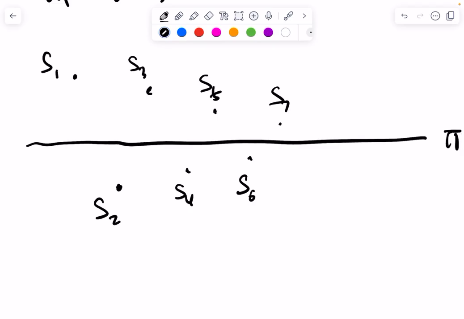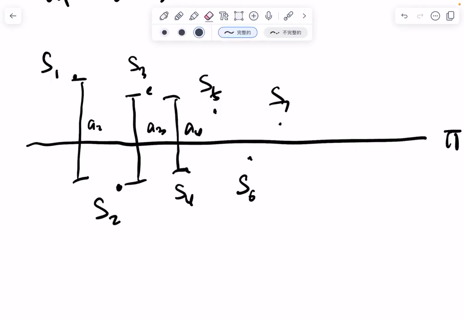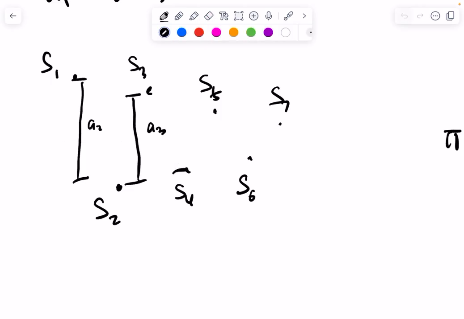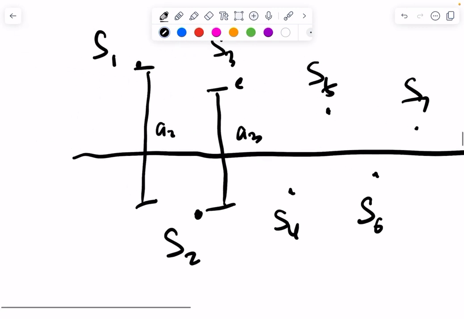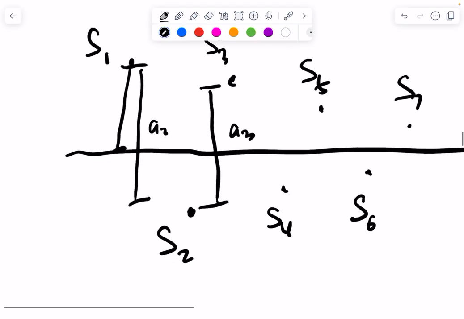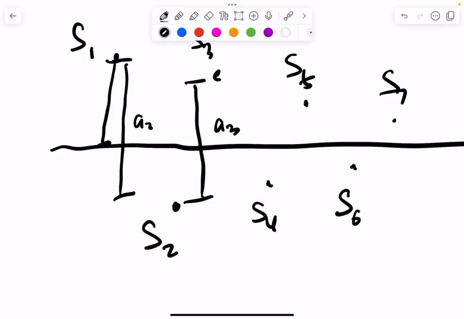So how did we get from S1 to S2? We added A2. How do we go from S2 to S3? We added A3. S3 to S4, we added A4. And we can repeat that process indefinitely. But one thing we want to notice is that the error between S1 and the actual value is certainly smaller than A2.